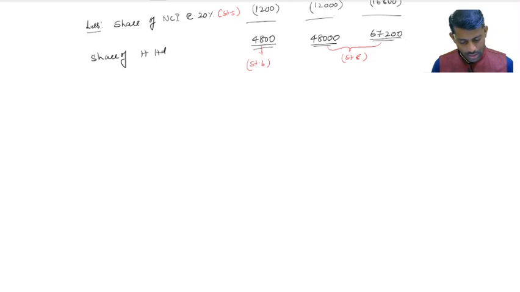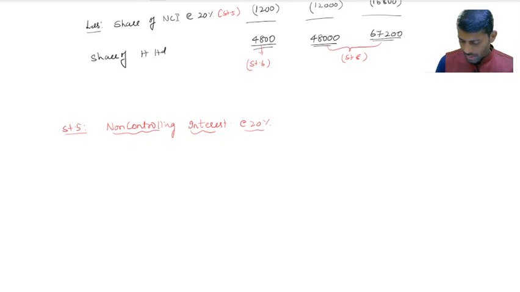Next, let's go to step number 5, non-controlling interest at 20%. First is non-controlling interest in equity shareholders.